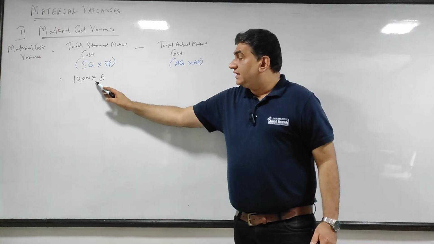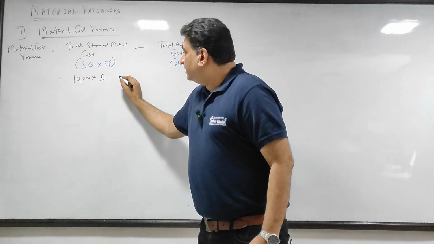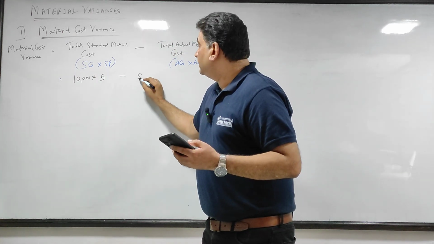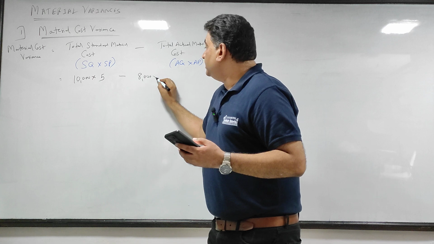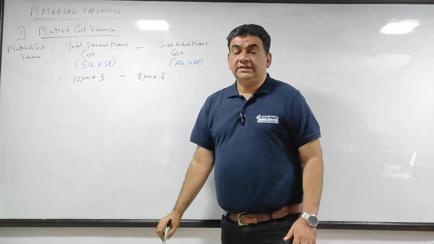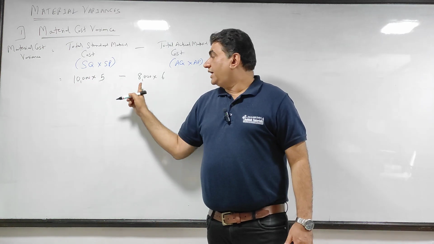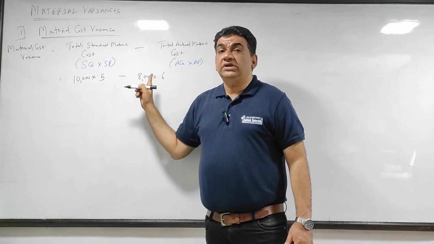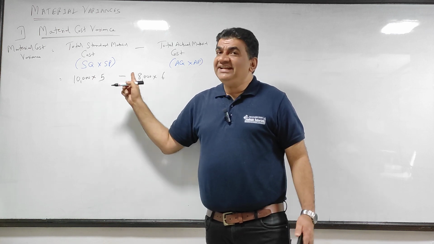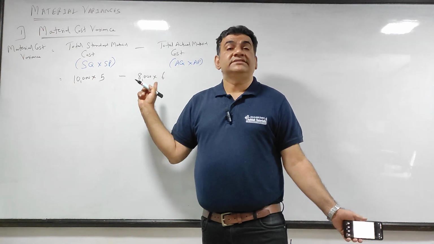Standard quantity 10,000 into standard price 5, minus actual quantity, see how much it is, 8,000 into price 6. I predicted 10,000 kg but actual consumption was 8,000. 2,000 kg was saved, but I predicted the rate to be 5 per kg and it turned out to be 6.